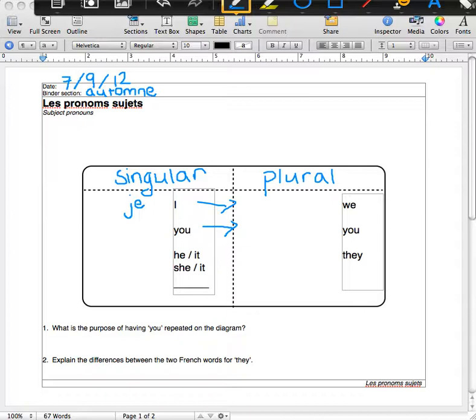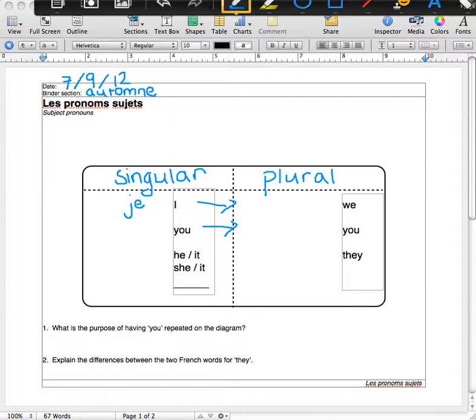Notice I didn't capitalize the J of je. The only time we're going to capitalize any of these words that we are learning today is if it's at the beginning of a sentence. Unlike in English, where our I is always capitalized, or at least it should be, in French the only time this word would be capitalized is if we have it at the beginning of a sentence.